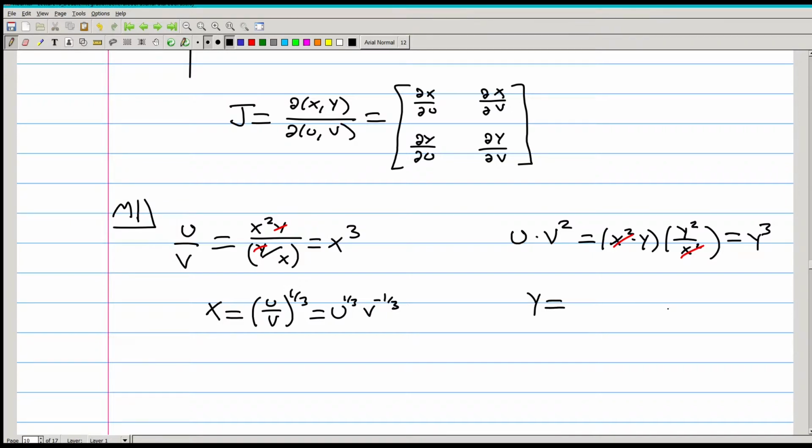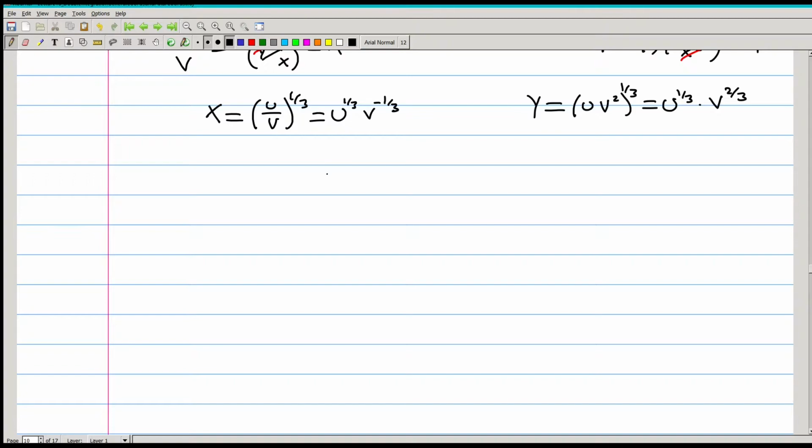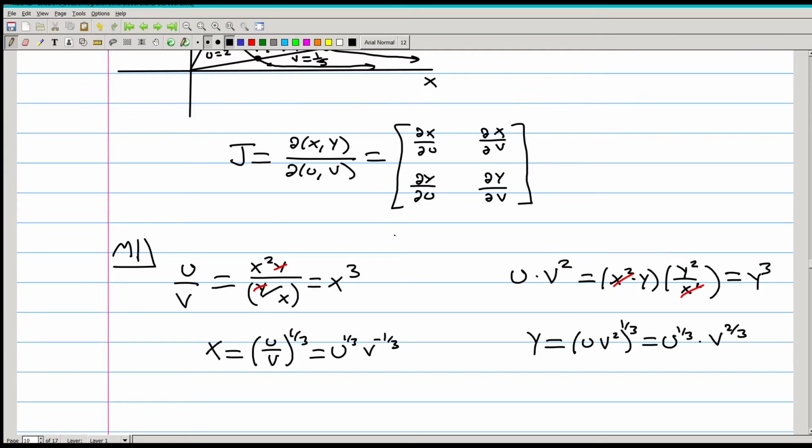So y is equal to the cube root of u times v squared, or u to the 1/3 times v to the 2/3. And there you have it. So this is our x as a function of u and v, and this is our y as a function of u and v. This allows us to compute the Jacobian matrix and the Jacobian determinant of this coordinate transformation so that we can do our integral.